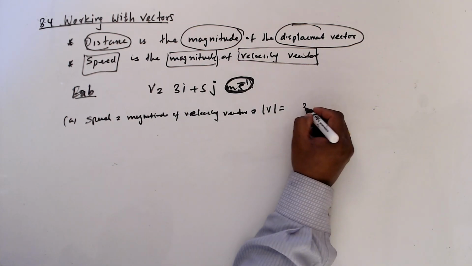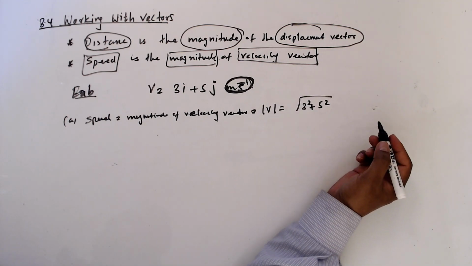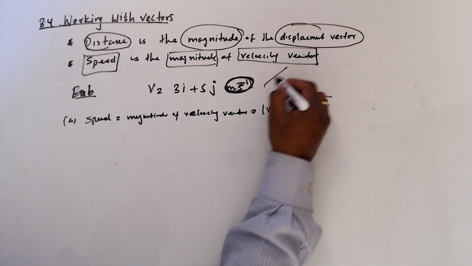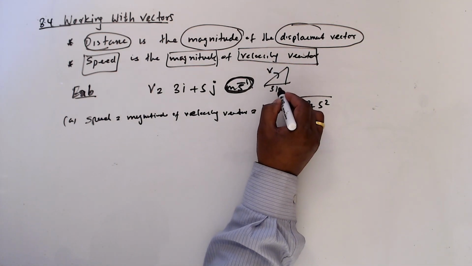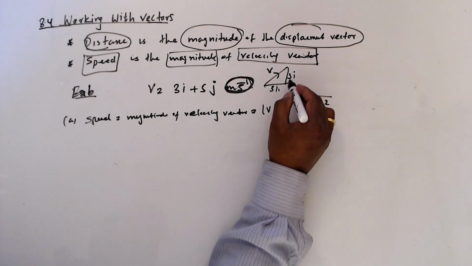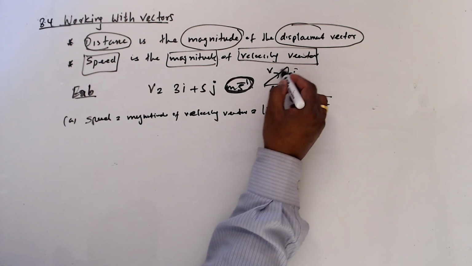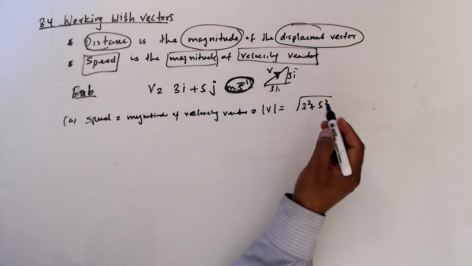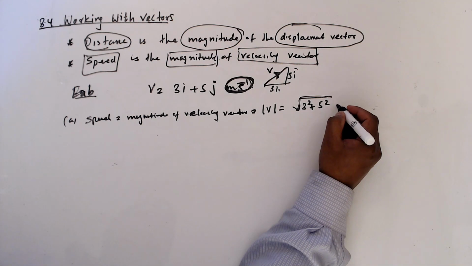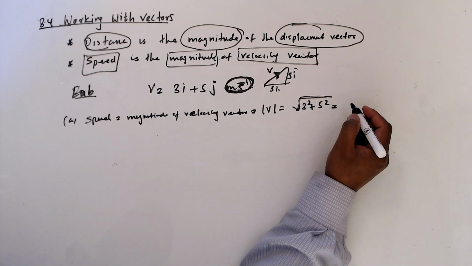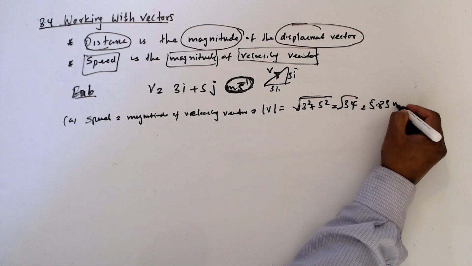We know already: square root of i squared plus j squared. V is given like this, 3i and 5j. It's not important for us, only this V is important. When you find the size, we will get the speed, the magnitude. So this is square root 34, 5.83.